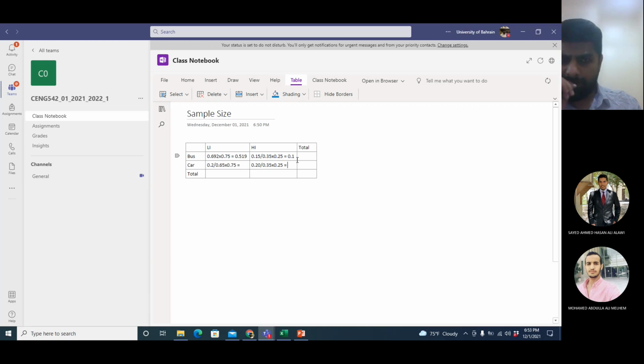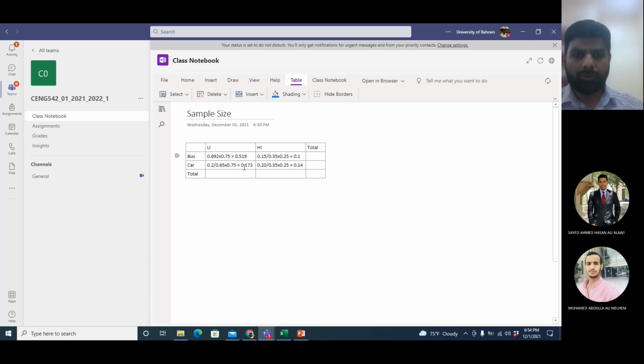Same thing here as well. This should be 0.15. This is 0.1, this should be 0.15. 0.14 something, right? This one was 0.142, yeah. 0.14. Okay. And what about this one? 0.173.